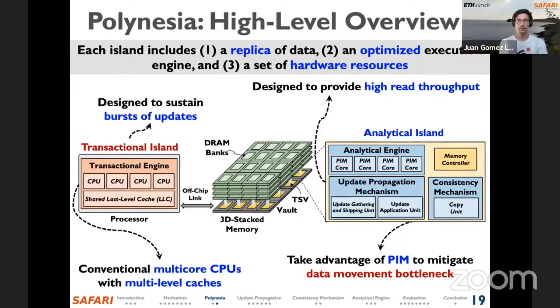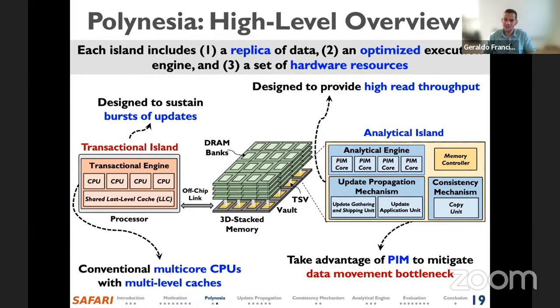Mm-hmm. I see. I understand. So another question I have here is, the transactional engines are essentially CPUs, right? CPU cores. What type of cores did you use for this work? Is it x86, ARM, what type of cores? So those are regular x86 cores with private L1, L2, and shared L3 caches.